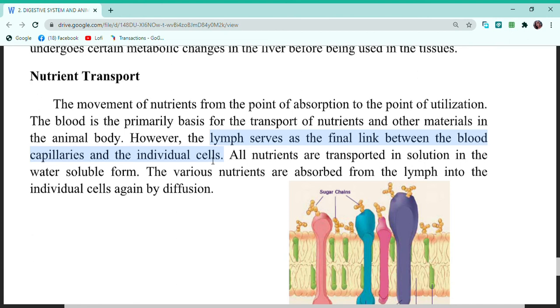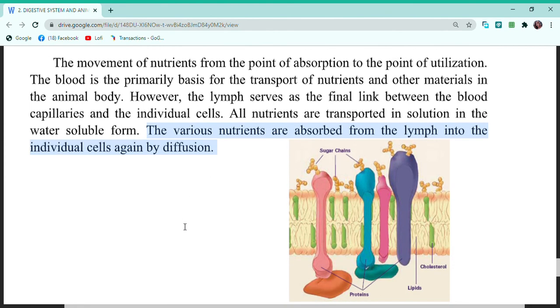And various nutrients are absorbed from the lymph into the individual cells, again, by diffusion. So, si blood, yung dugo, siya yung nagto-transport ng nutrients and then sasalubungin siya ni lymph para dadalhin niya doon sa tissues yung nutrients na yon in a water soluble form.